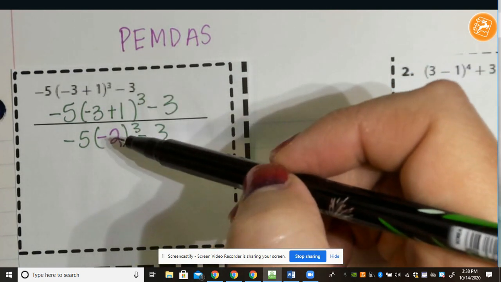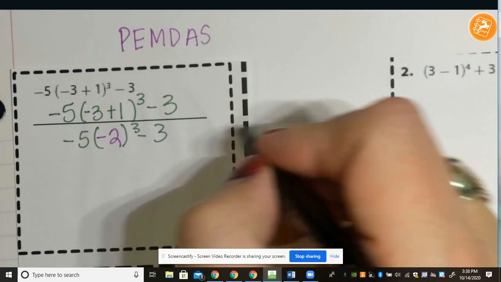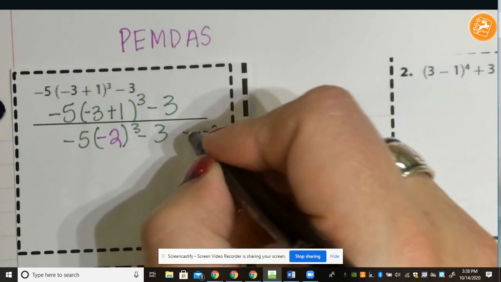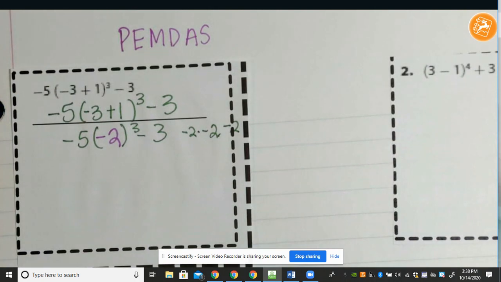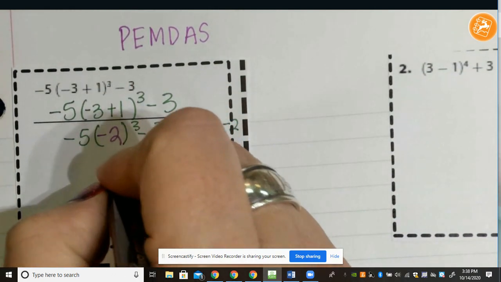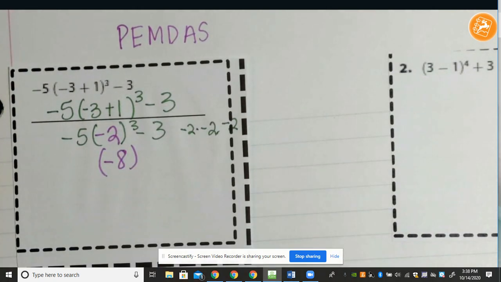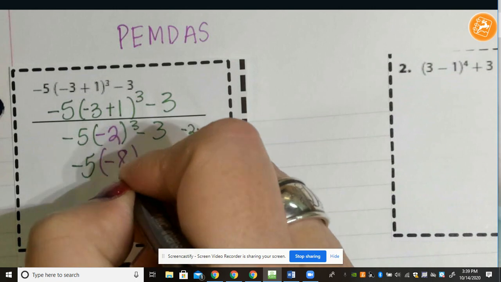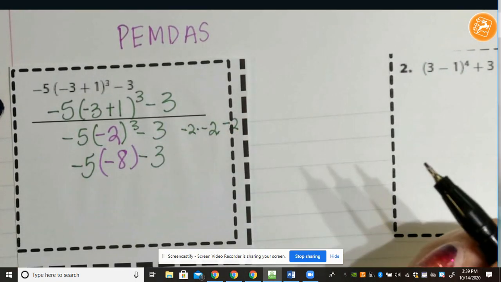So that's -2 times -2 times -2. All right, that gives me a -8. So that would be -8 there in parentheses. And then I bring everything down. -5 times -8 minus 3.